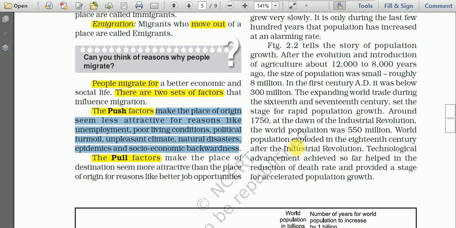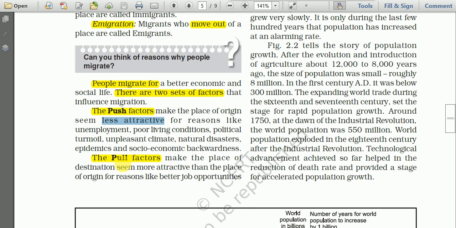So because of these bad factors, people tend to move away from their place, and these are known as push factors, because these factors push people out from that particular region. That means these are less attractive factors.